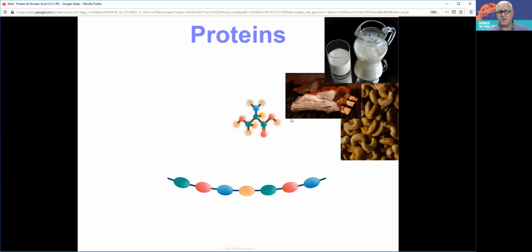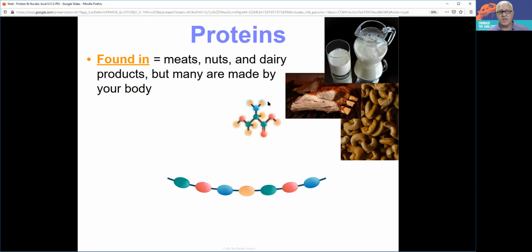Now, you're all familiar with proteins in foods. It's found in meats, nuts, dairy products, but many of the proteins are also made by your body. And when we get into our unit on nutrition next week, you're going to see how proteins are important to help you make more proteins.